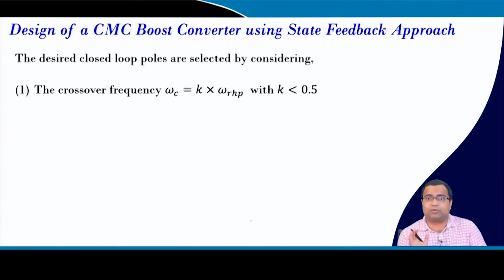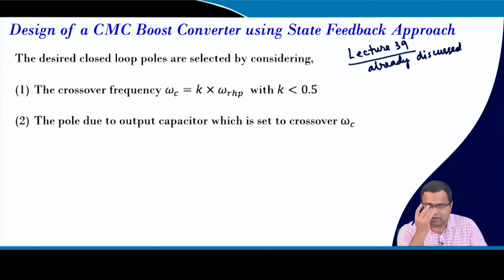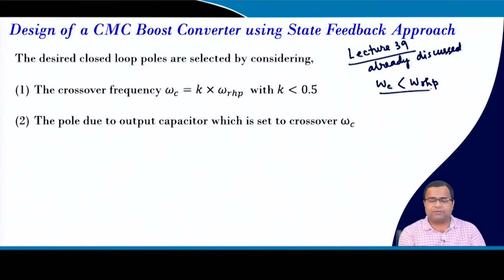This case study we have already discussed in lecture number 39, so I am repeating. Generally our crossover frequency should be smaller than the RHP zero, but here if we choose, let us say, 0.5, nearly that.